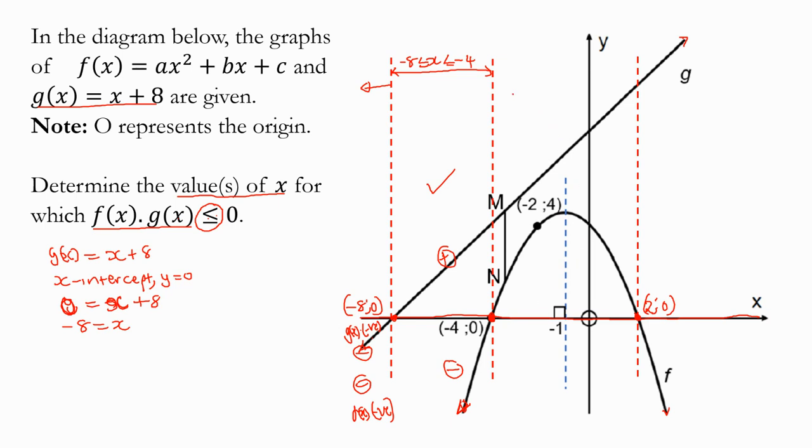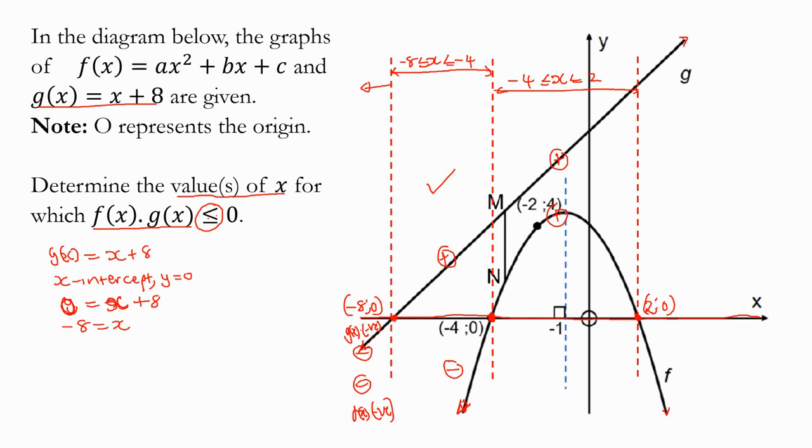Right, and then we have this region here. We are including our x-intercepts there. This region is from -4 to 2. If you check here, g of x is positive, it's above the x-axis. Even f of x is positive, above the x-axis.